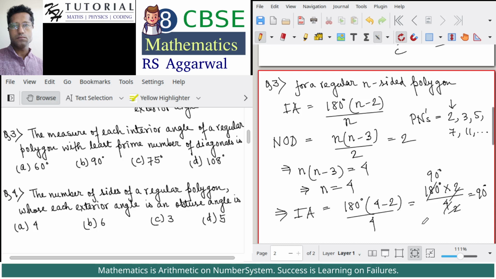It is obvious, since we have found n to be 4, and a regular polygon with 4 sides is nothing but a square, and we know that every angle of a square is 90 degrees. Okay, so the answer is choice B.